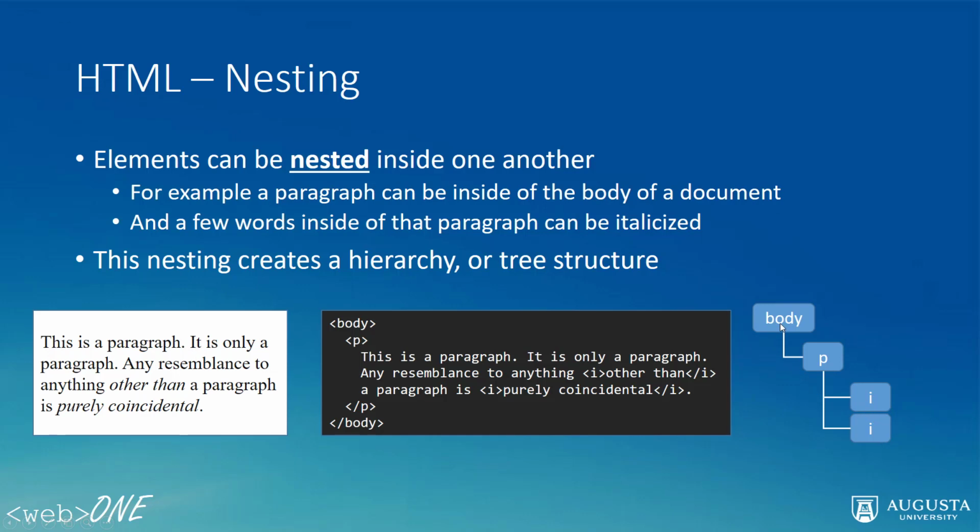In programming, body is the parent of the P element in this structure, or it is called the father of the P element. And the P element is a child of the body element. The P element itself has two children, this one and this one. I elements don't have any children.